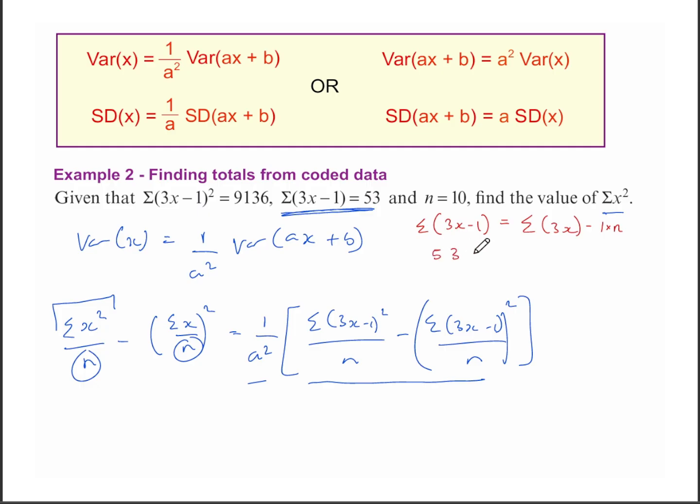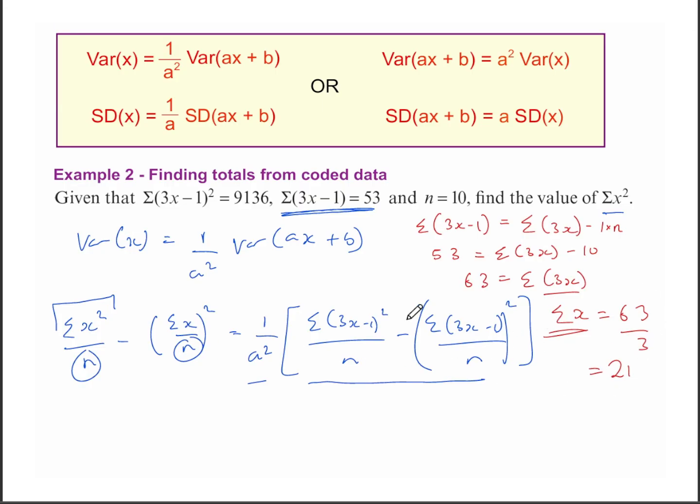Therefore, that 53 is equal to the sum of 3x minus 10, which gives us that 63 is the sum of 3x. Then if 63 was the sum of 3x, then the sum of x will just equal 63/3. Because if each piece of data was multiplied by 3 and then summed, we can just divide by 3 to get the sum of the original data, which is 63/3, which is just 21.